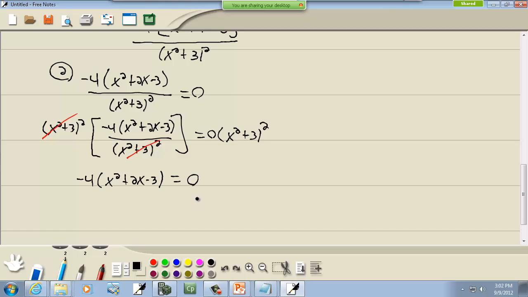Well, the trick here is that whenever you have a fraction equal to 0 and you're trying to find the zeros, there's another case of critical numbers where we would want to set the denominator equal to 0. But for the most part, if you're solving, then you just set the top part equal to 0, because it always works out that way. Now this factors as x plus 3 times x minus 1.